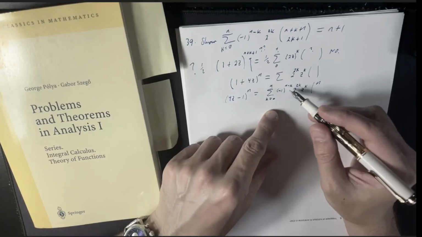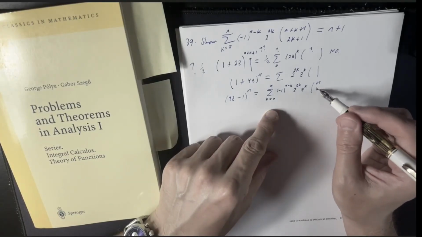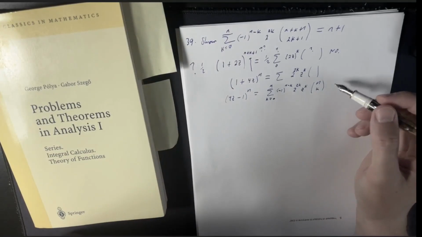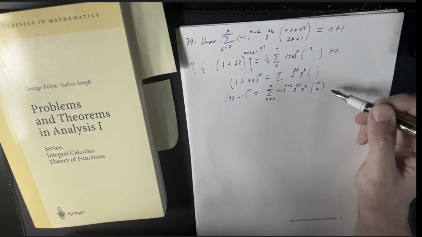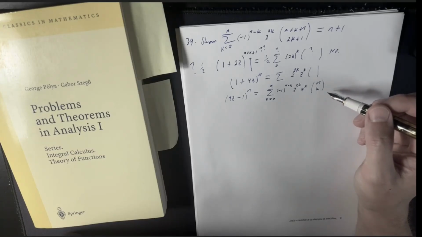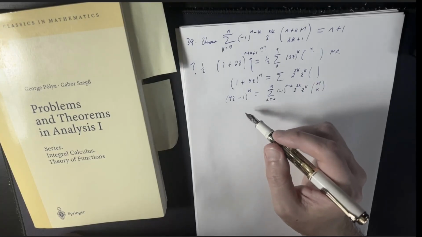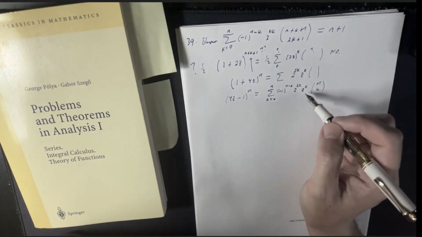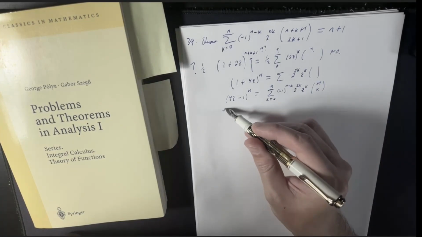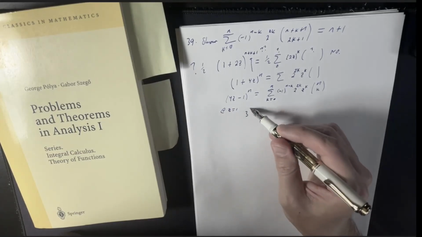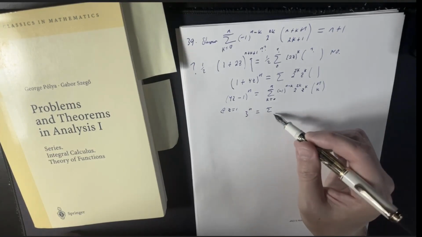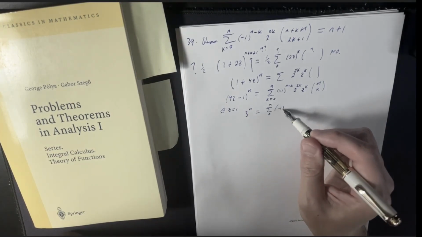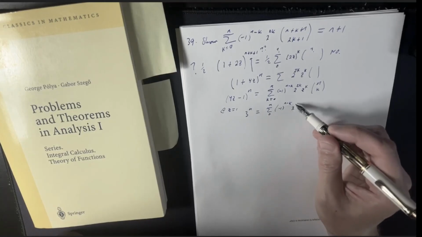And choose whichever you want, k or n minus k. But then at 1, you're just getting 3 to the n to get rid of this thing, which is cute, but not what we were after.